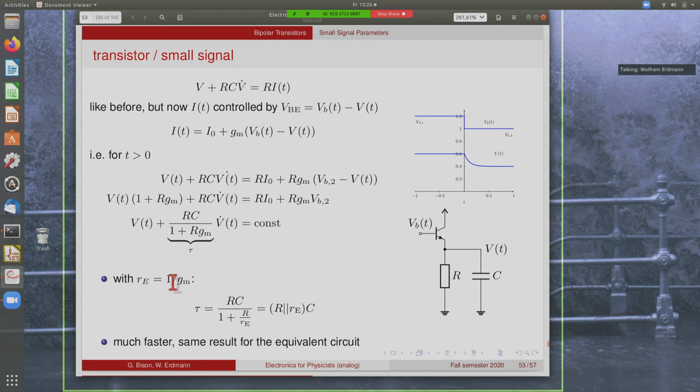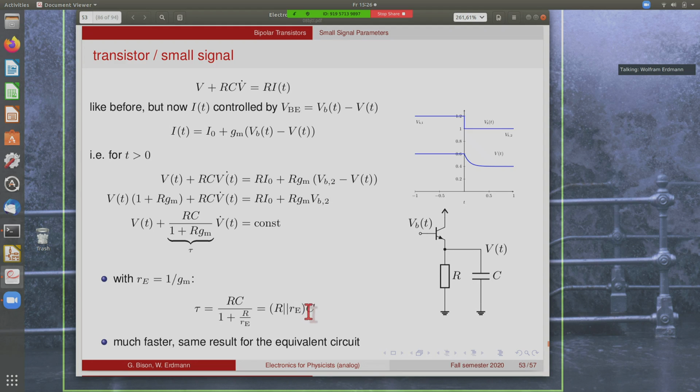And since Gm is equal to 1 over RE, we can write this as RC divided by 1 plus R over RE. So this is the same expression here. Now this is C multiplied by the parallel configuration of R and RE.